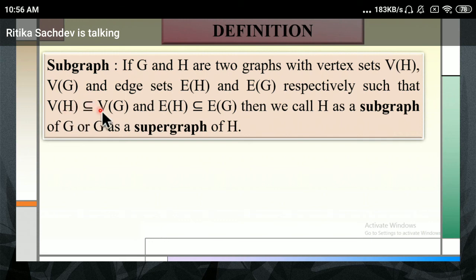It is subset, so it can be equal also. Similarly, your edge set EH should be a subset of EG. Then we'll call H is a subgraph of G or G is a supergraph of H.